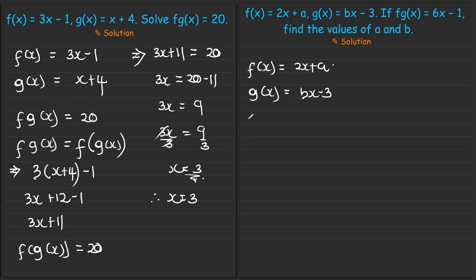That means f of g of x is going to be, so we have our 2 into bracket x, and in this case our x is all of g of x, so into bracket bx minus 3, then we have plus a.